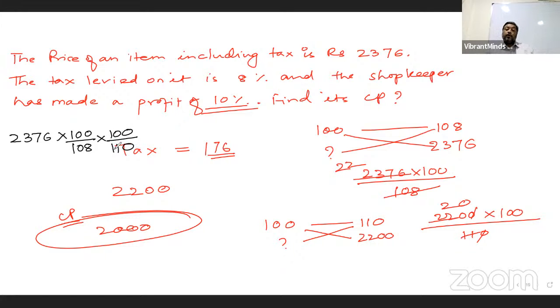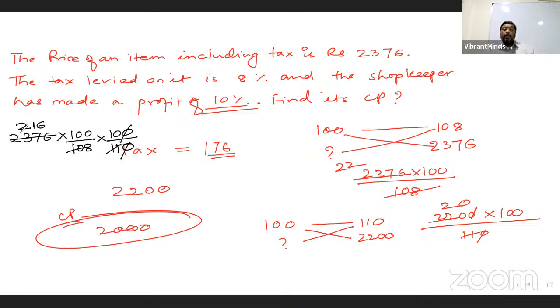This will give you your cost price. 11 2s are 22, 11 1s are 11, 11 6s are 66.